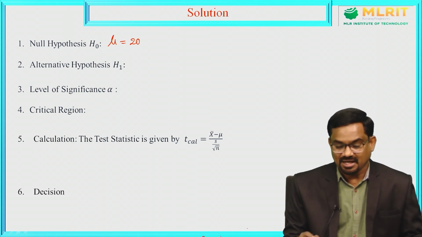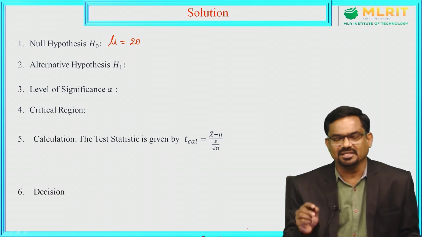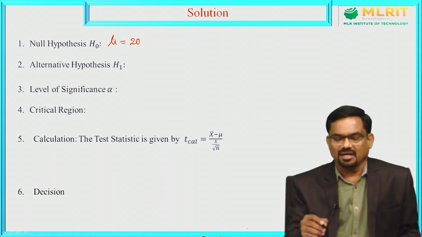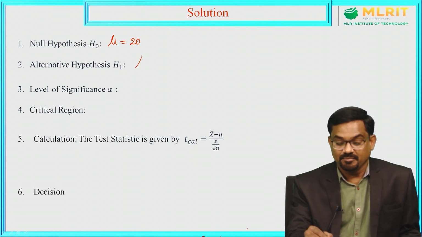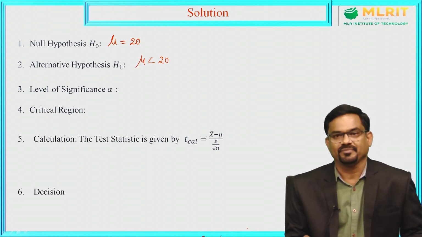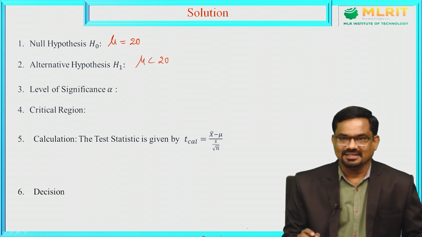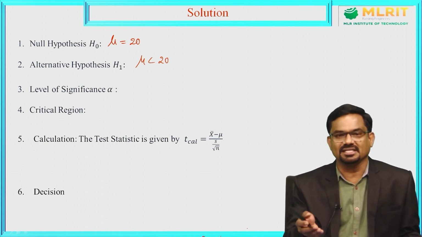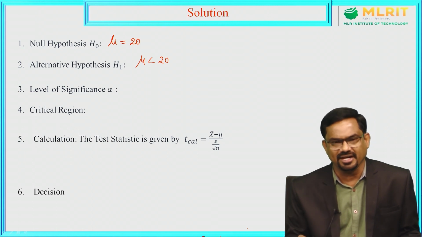Similarly, the company claims that on an average it takes 20 minutes, that is, within 20 minutes they will reach the hospital. If we consider the alternative hypothesis as mu less than 20, what does it mean? That means they can bring the patient to the hospital in less than 20 minutes, say 15 minutes or 18 minutes.